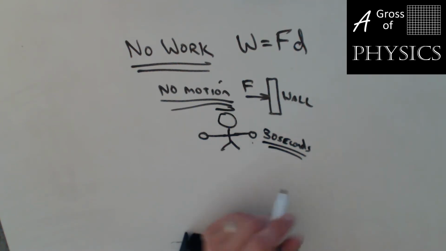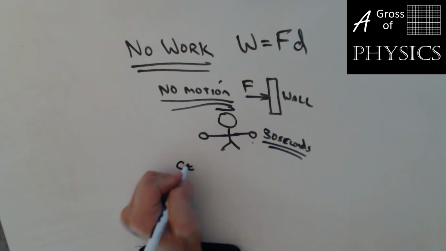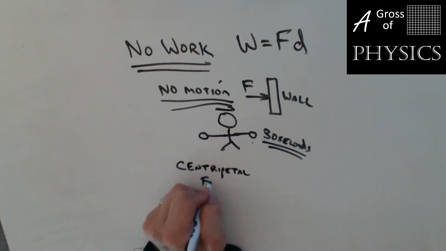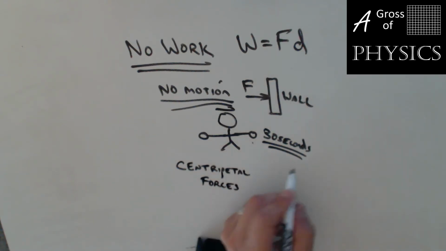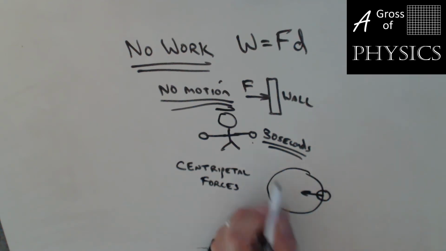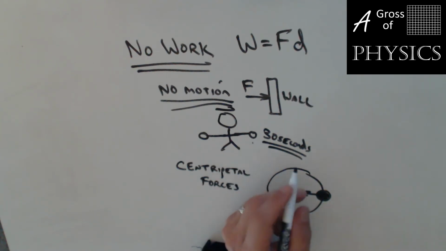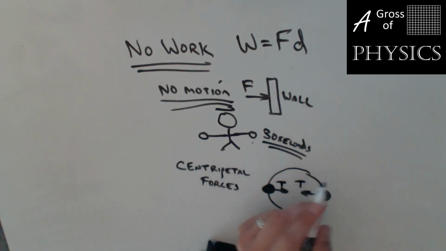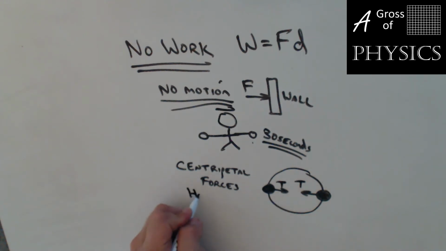Now, one very specific case of no work being done is centripetal forces. So, classic questions asked on Regents assessments, introductory physics courses throughout time have always asked about the following. If we're spinning, we'll call it a ball on a string, and we have the tension going inward, okay, tension's going inward, how much work does tension do?